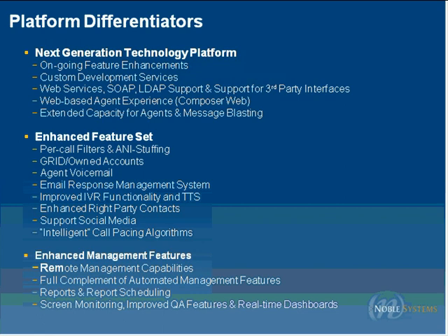One of them is that the Noble system is the next generation technology platform. When I say next generation, we're really pushing all of our activities to be web-based. Our agent experience is run off of a browser. A lot of the management tools you're able to run on a mobile device such as an iPad.